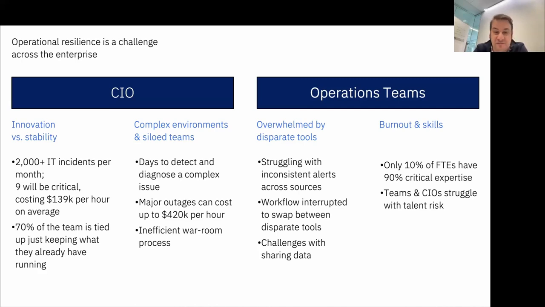It might be a result of environmental changes or bringing in new organizations as part of a merger or an acquisition. So there are lots of complicated reasons why environments have been built up into complex environments, but also we have a problem of siloed teams to manage as well. And that's often maybe just a historical result where we have traditionally maybe a mainframe team not connected to a distributed team, but now we see workloads that span both environments.